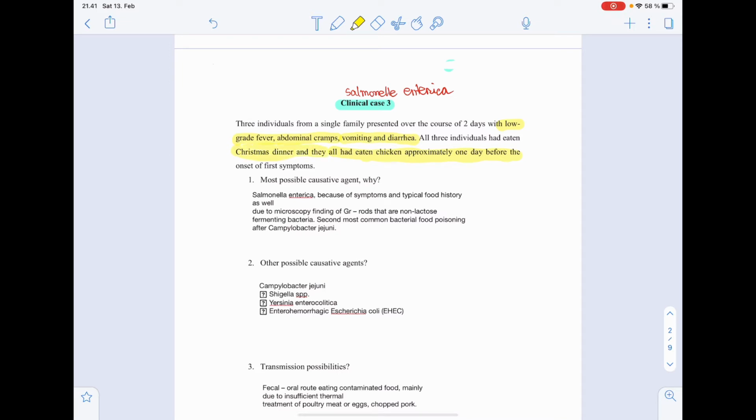So this is more likely to be Salmonella, because in the transmission process we studied that Salmonella transmits through carriers, milk, eggs, and mainly chicken meat if it's raw or made raw.